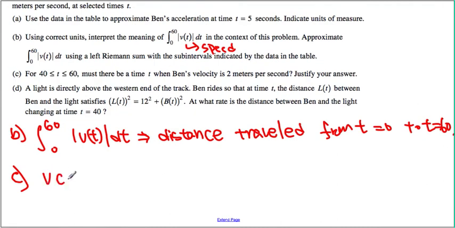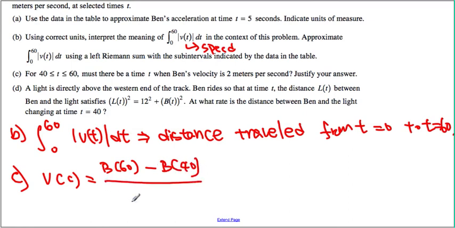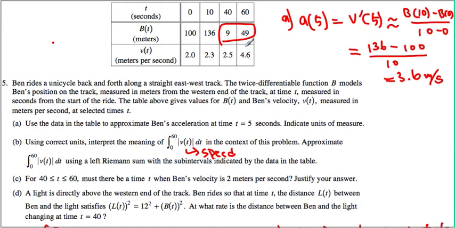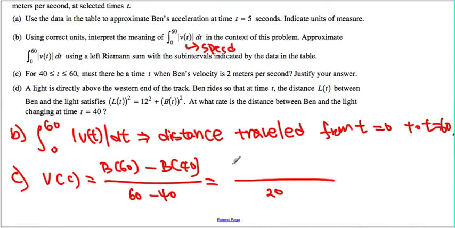here v of c must be equal to b of 60 minus b of 40 all over 60 minus 40. Now denominator is equal to 20. That's rather simple. B of 60 was equal to 49 minus 9, which is equal to 2.